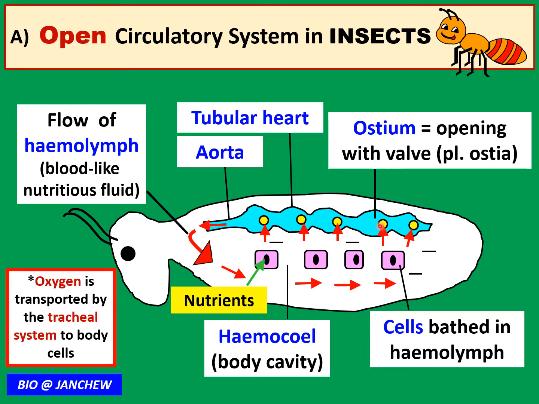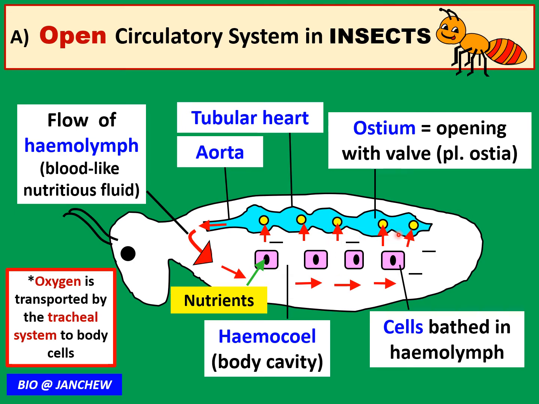It is an opening with a valve in each chamber of the heart, in the wall of the heart. All these ostia allow the haemolymph to flow back into the heart after the exchange of substances. Because of the valve, the ostia ensure there's only one-way flow of haemolymph back to the heart from the hemocoel.